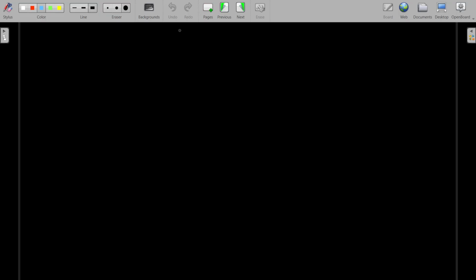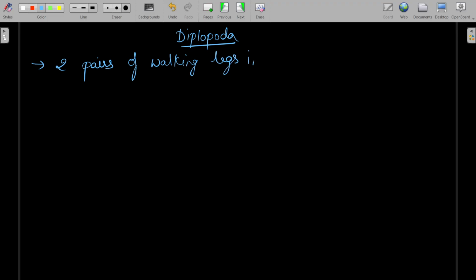And then fourth class Diplopoda. Diplopoda is nothing but di means two and poda means legs. So diplo means two pairs of walking legs in one or a single segment.